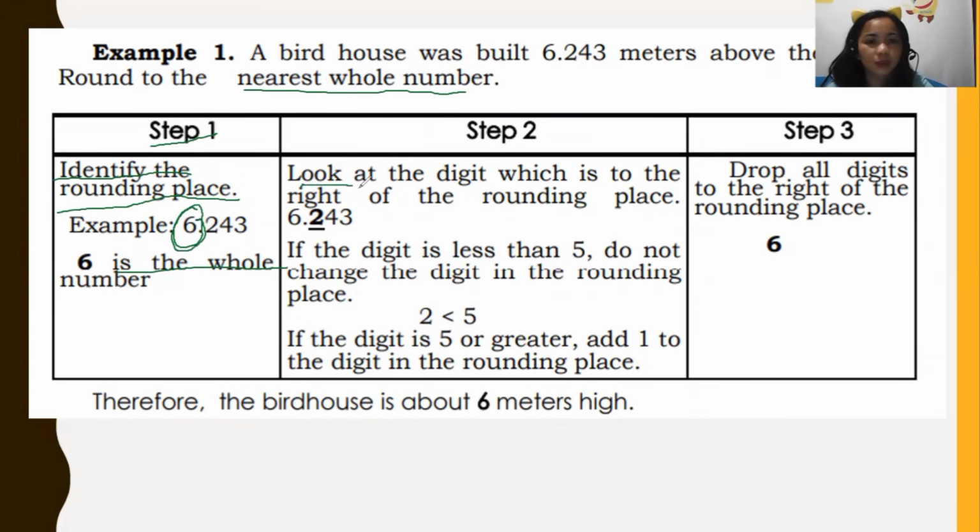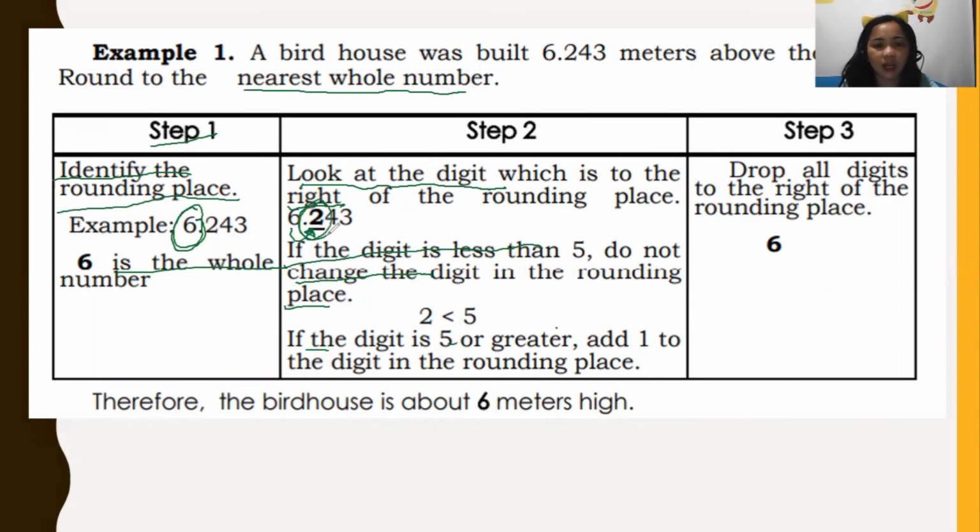And then, step 2, look at the digit which is to the right of the rounding place. 6, ang nasa right niya ay 2. If the digit is less than 5, do not change the digit in the rounding place. And then if the digit is 5 or greater, add 1 to the digit in the rounding place.